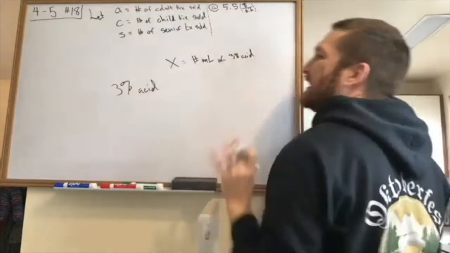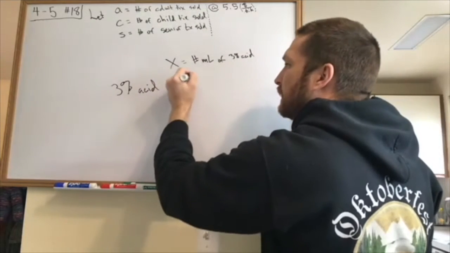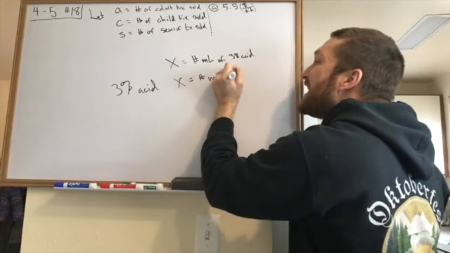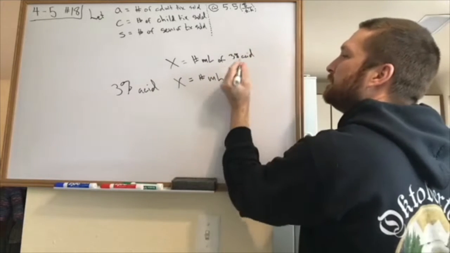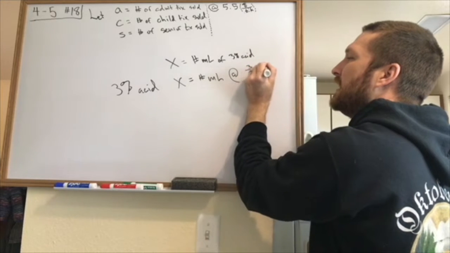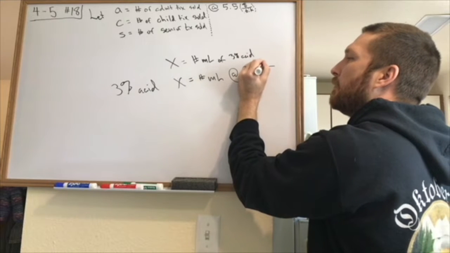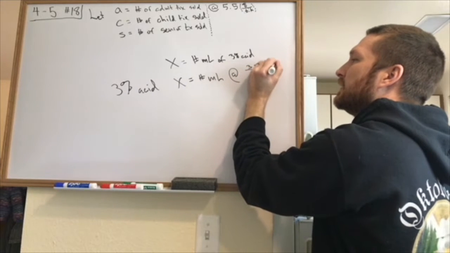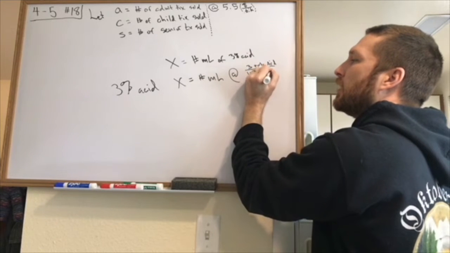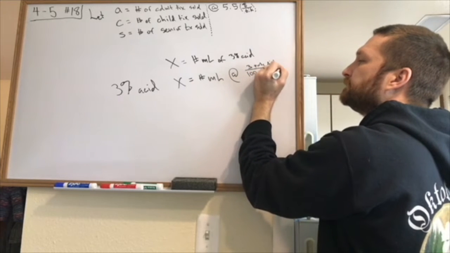Translated into this type of thing, that's the number of milliliters, and the rate is 3%. In other words, 3 parts acid per every 100 parts liquid.